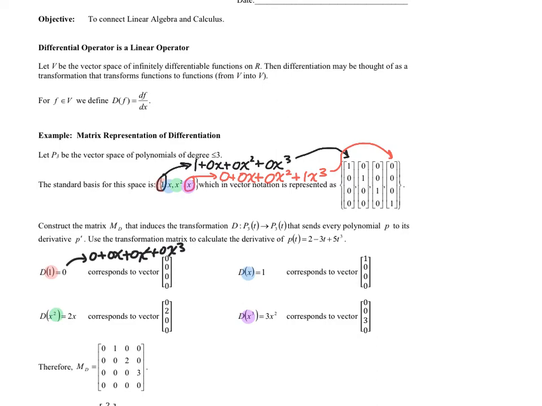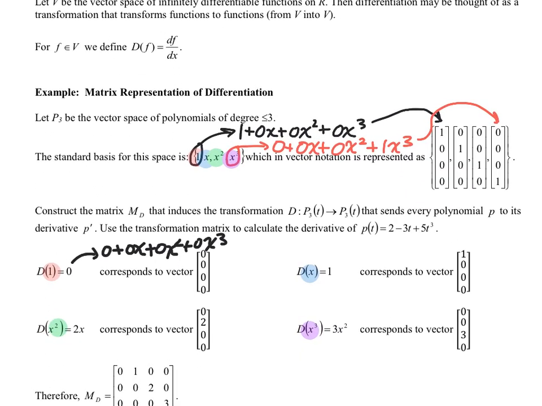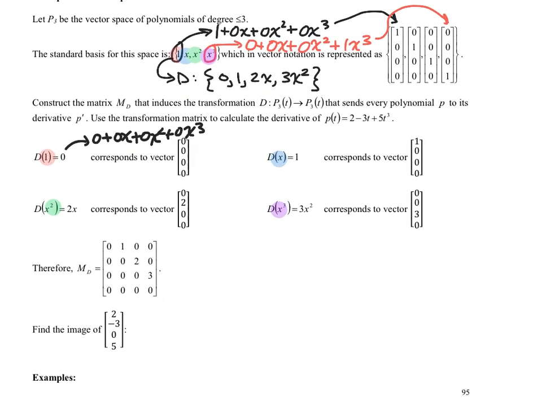So I could just make a note here that through the concept of a derivative, this space is boiling down to 0, 1, 2x, 3x squared. But we don't have to worry about diagonalizing or anything like that. All we're doing is finding the image of a particular vector under that operation.